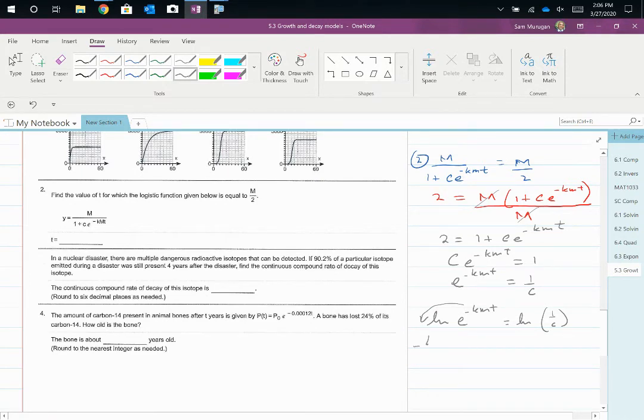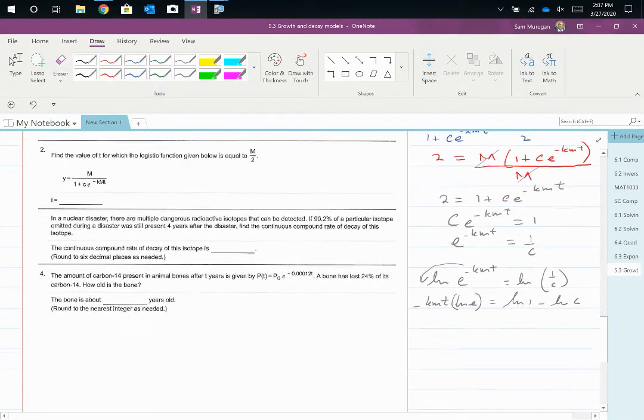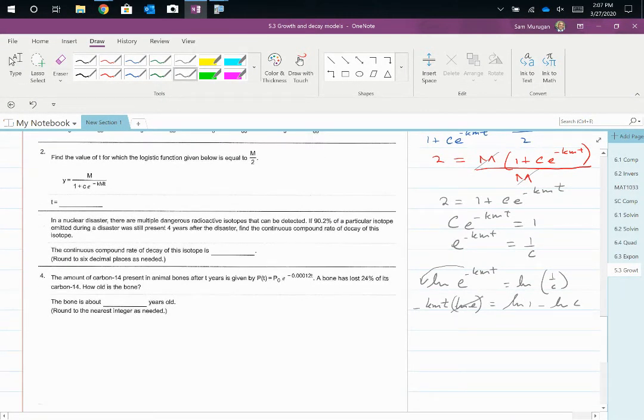So minus kMt ln e is equal to ln(1/c), a quotient which we can split up: ln 1 minus ln c. We know that ln e is equal to 1. So minus kMt is equal to ln 1 minus ln c.